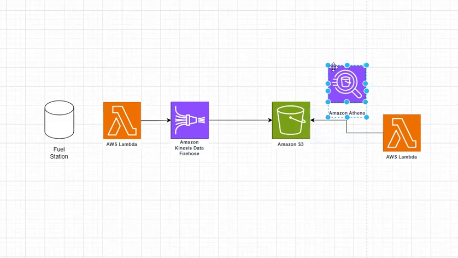We are using this Athena service to query the data present in S3 by using a Lambda function. We will run a code in the Lambda function where we implement the Athena function to query this data and provide the response.